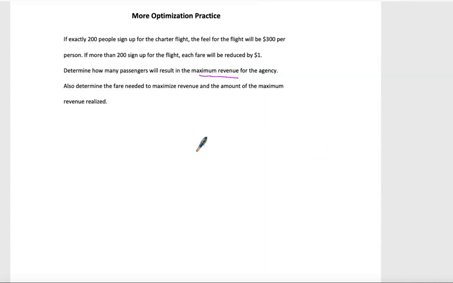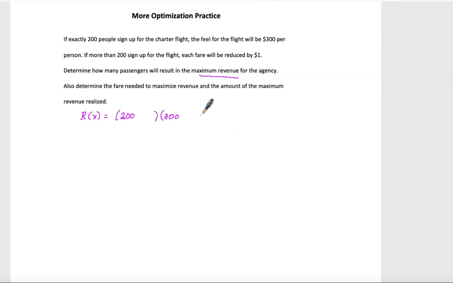Which means that we have to find the revenue function. Now remember that the revenue is the product, in this case, of the number of passengers times the cost per passenger. Originally, the number of passengers is 200. So if there are 200 passengers, the cost is equal to $300 per passenger.